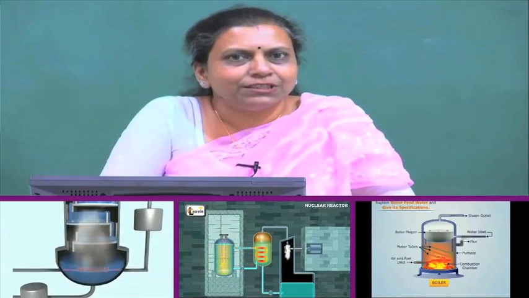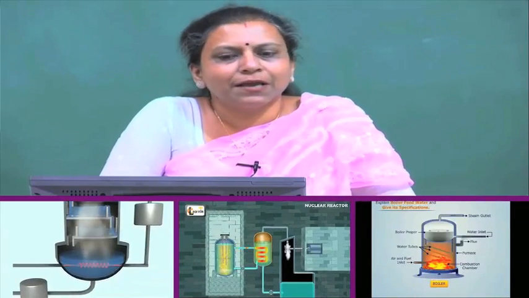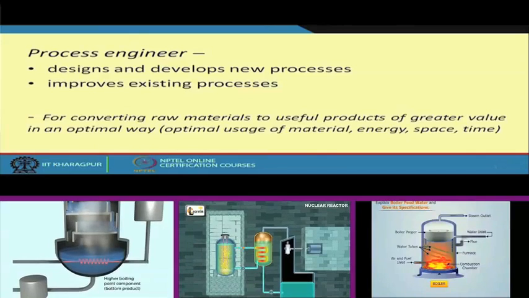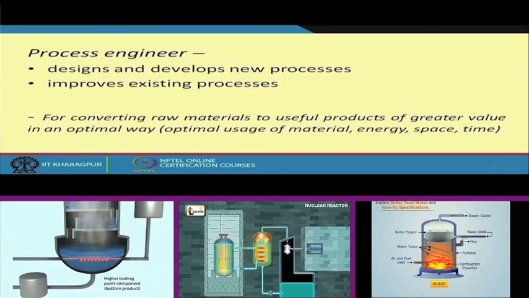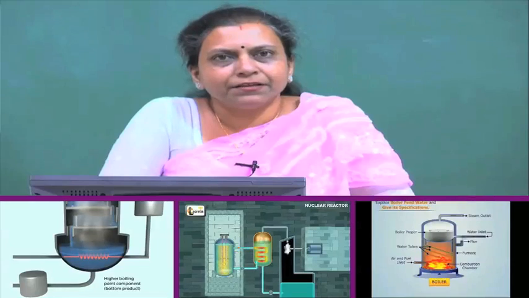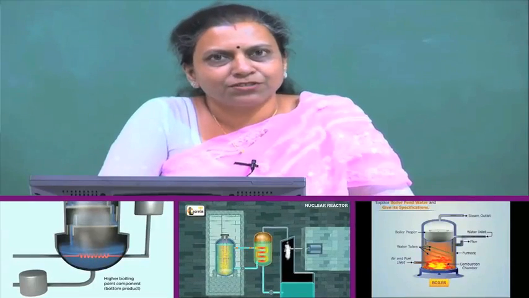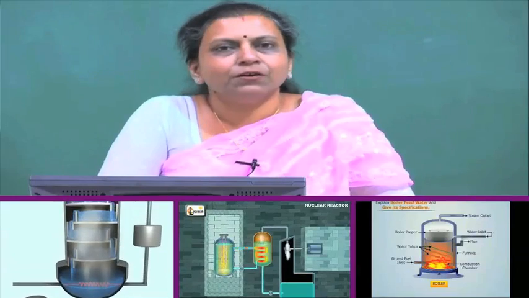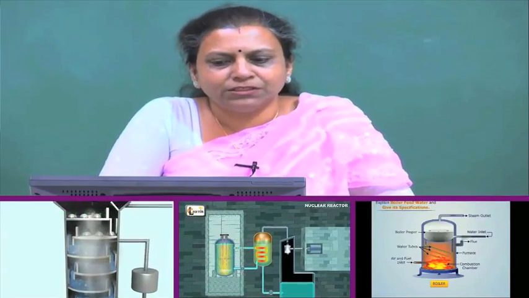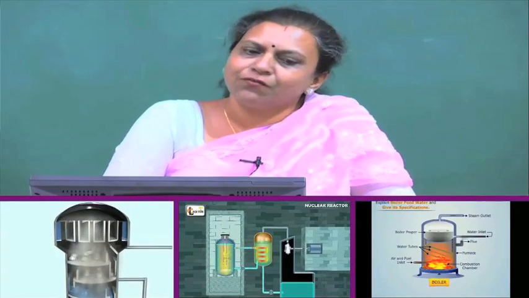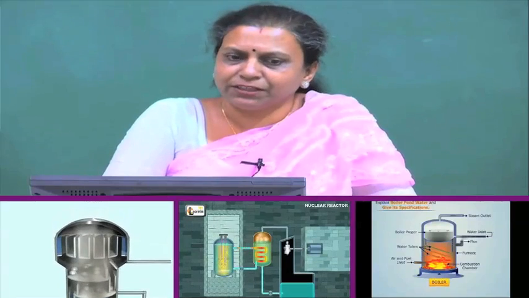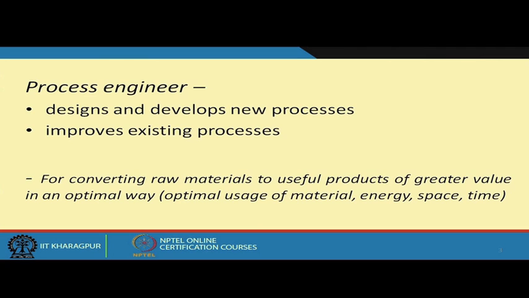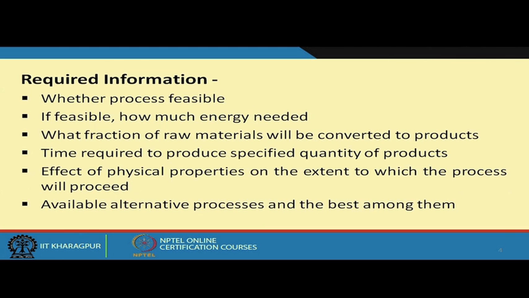One particular thing which distinguishes chemical engineers from the other disciplines of engineering and science is the mass transfer processes with or without chemical reactions for converting raw materials into useful products of greater value in an optimal fashion. For this, we need to design and develop new processes or improve the existing ones.